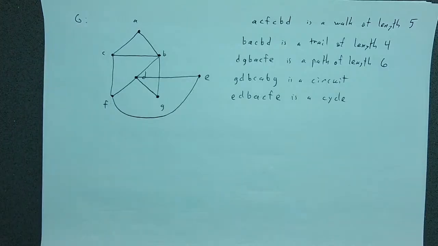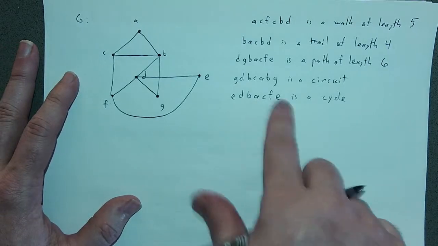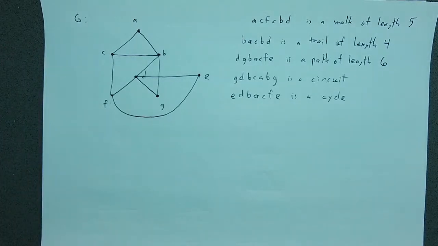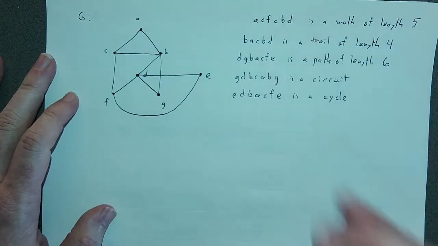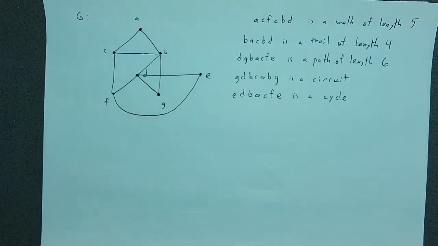That's all I'm saying. Okay, but now that we have done that, I'm going to do this throughout the semester. So hopefully this doesn't cause any confusion. So there is no repetition here because of how we've defined cycles. Okay, so this is a circuit and this is a cycle.